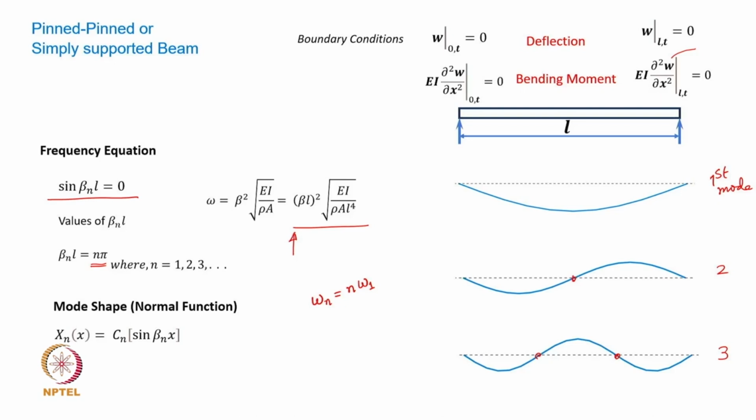Even if you take the case of a simply supported beam, the second natural frequency is 4 times the first natural frequency, and the third one will be 9 times and so on. So they are not harmonics or integer times the fundamental, right? So if the first natural frequency of the beam is 40 hertz, the second one would be 160 hertz and so on.